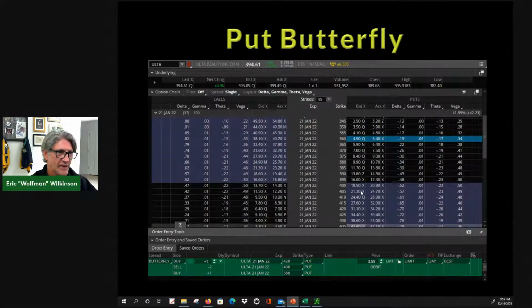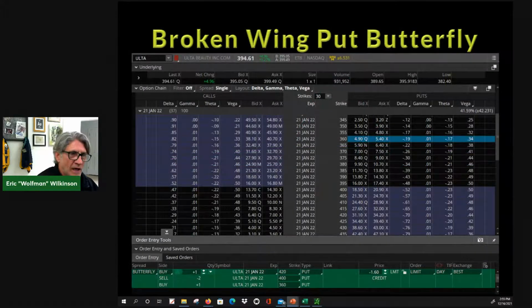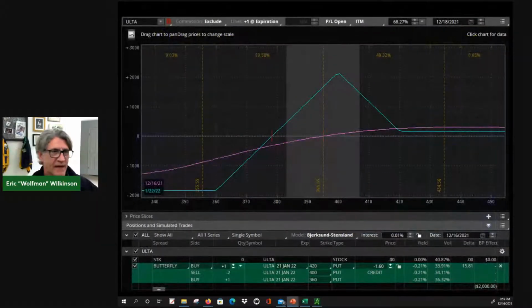I have this highlighted because that's where I want to break it to. Basically selling that 380 to buy the 360. And I'm able to get a credit, which means I've eliminated all risk to that upside. You can see here, if it goes higher, I get to keep that credit, that $1.60 credit. It's not a ton to write home about, but it's $160.